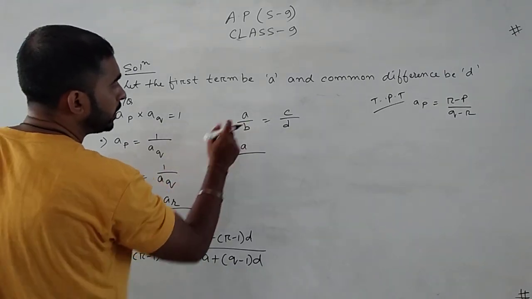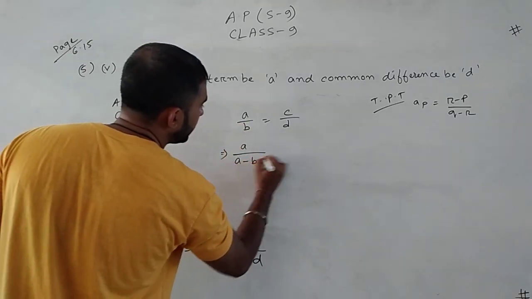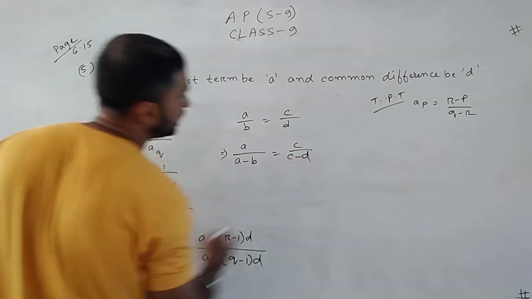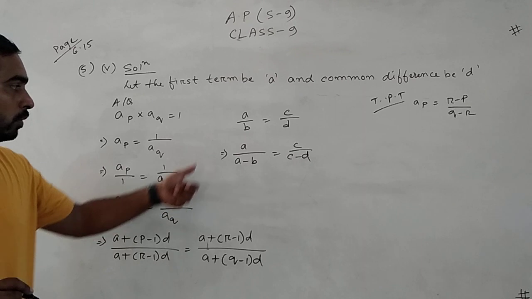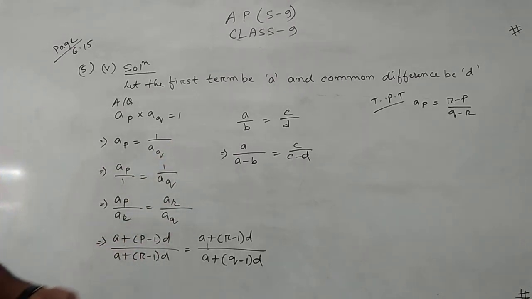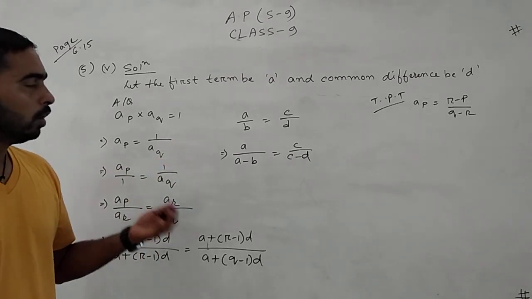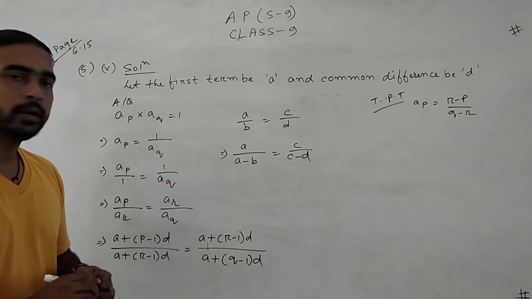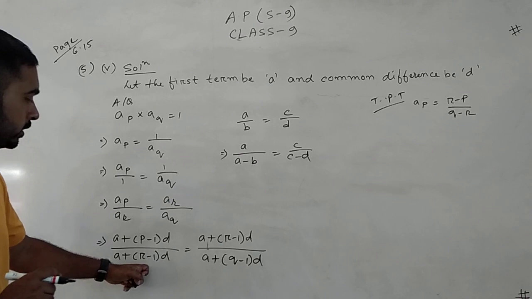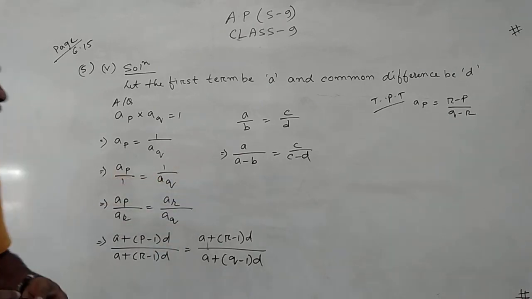If a by b equal to c by d, then a by (a minus b) equal to c by (c minus d). That is known as dividendo. So here in this question we will use that method.